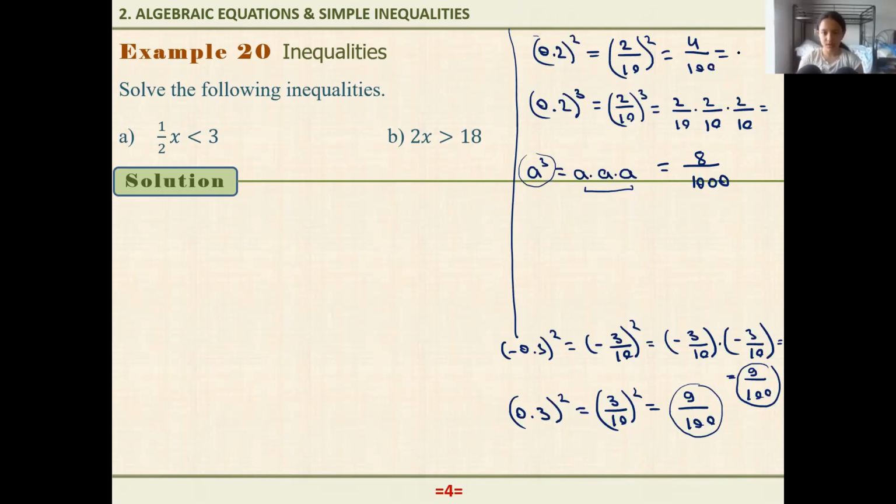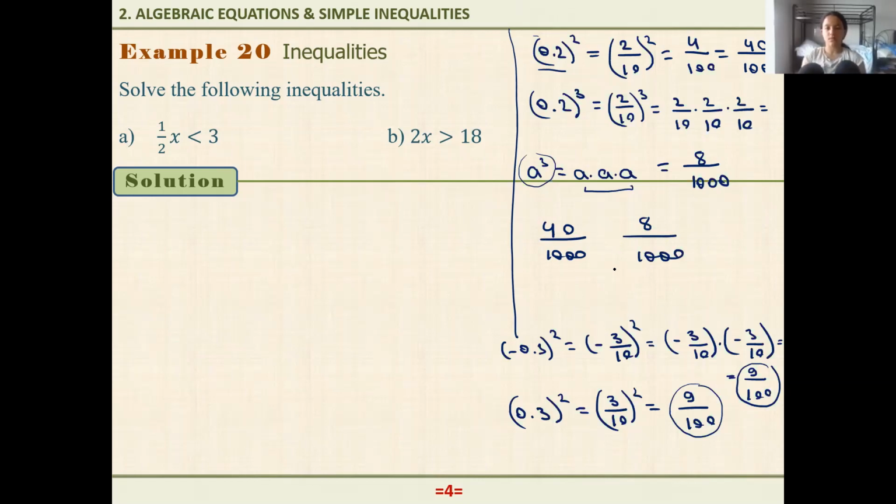How can I have 1,000 here? Multiply numerator and denominator by 10. So here we have 1,000, 4 times 10, it is 40, right? So on the left, we have 0.2 squared, that is 40 over 1,000. And on the right hand side, we have 0.2 cubed, which is equal to 8 over 1,000.